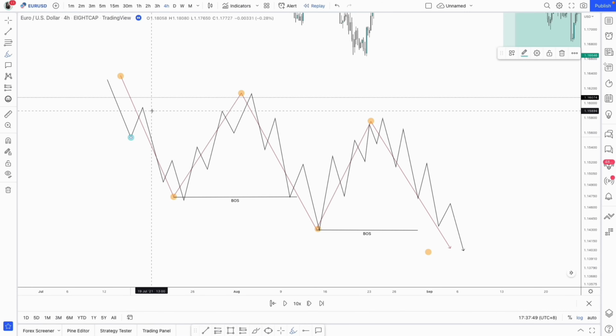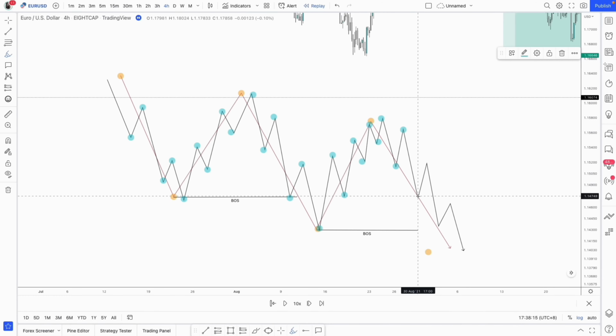We can see that we have a low, a high, lower low, lower high, lower low, higher high, higher low, higher high, higher low, higher high, lower low, lower high, and so on, alternating between bullish and bearish sequences.